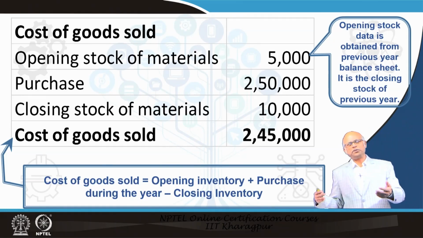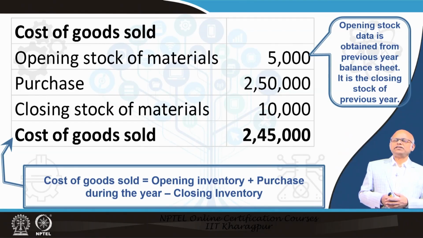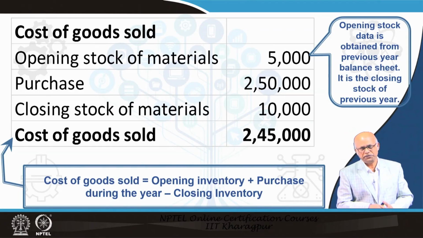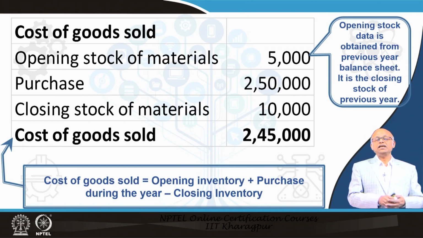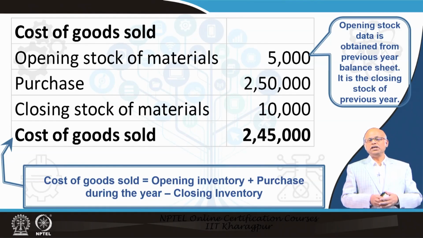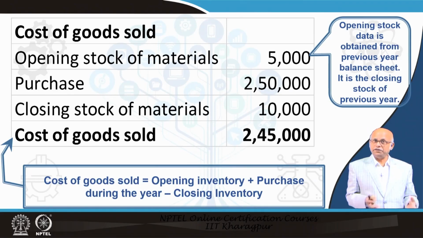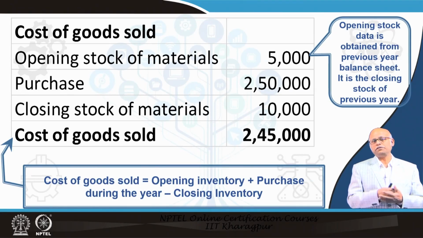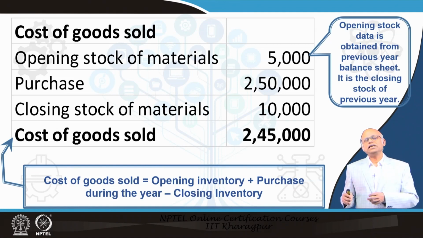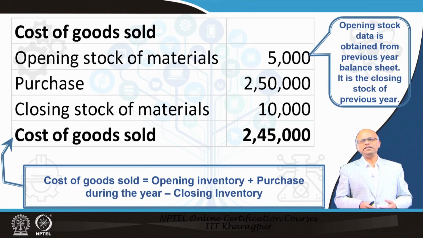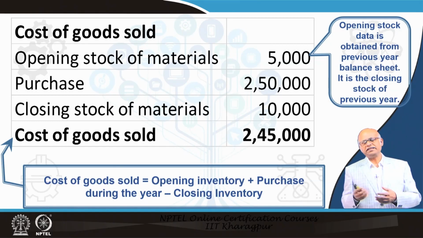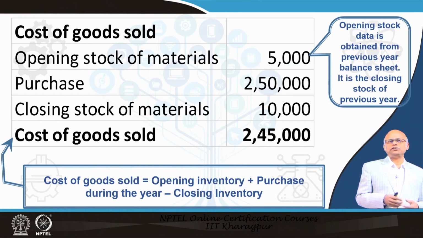You add up whatever the pens, paper, books and so on. Suppose the sum total of them is 10,000, that is the closing stock. Now, you started the business with 5,000 rupees, so that was available stock. Then you bought 2,50,000 rupees. So, 5,000 plus 2,50,000 is 2,55,000 rupees of stock available, but you could not sell all of it, because you were left with 10,000 at the end of the year. So, 2,55,000 minus 10,000 is 2,45,000 rupees, that is the cost of goods that you sold.